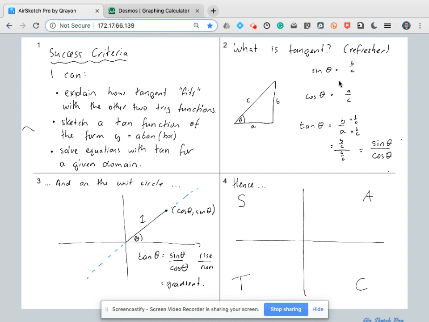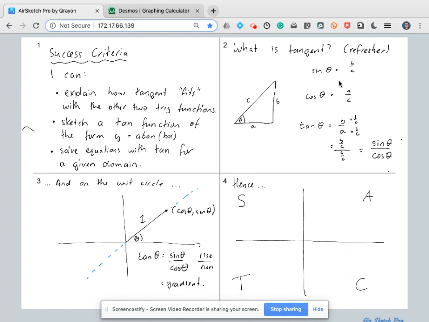Okay, so what I just wanted to point out is that we've talked about how we've got a CAST diagram. I'm looking at slide 4 now. And we know that for tan, we've got tan being positive here, tan being positive in the third quadrant, it's negative here and negative here.